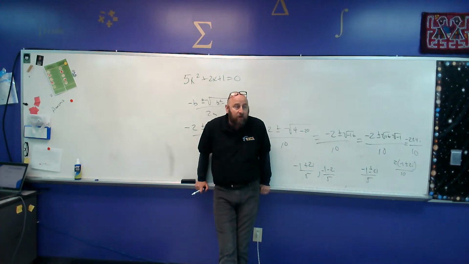Up until now, we called b squared minus 4ac the discriminant. In other words, if b squared minus 4ac was negative, then you couldn't do anything with it. But now we're telling you, yeah, you can do something with it. You pull out a -1, the square root of -1, which is i, and then you deal with the other side, whatever's left.